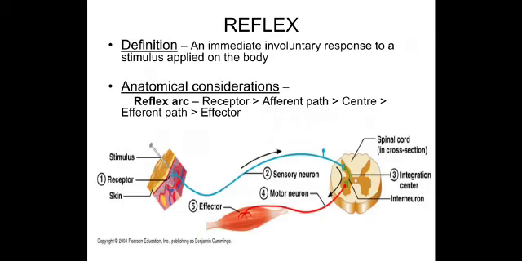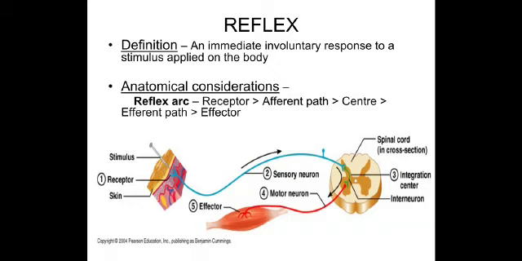The definition of a reflex: it's an immediate involuntary response to a stimulus applied on the body. Anatomically, the components of the reflex arc are the receptor, the afferent neuron, the center, which can be the spinal cord or the brain, the efferent neuron, and the effector organ.